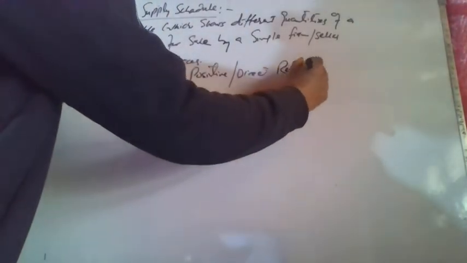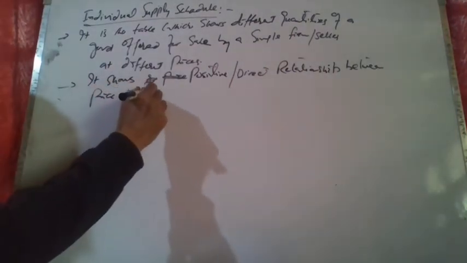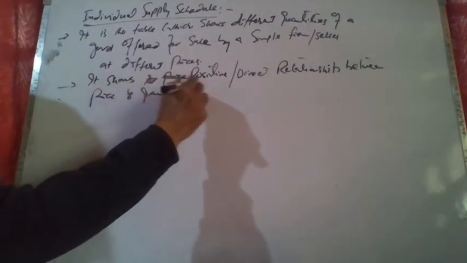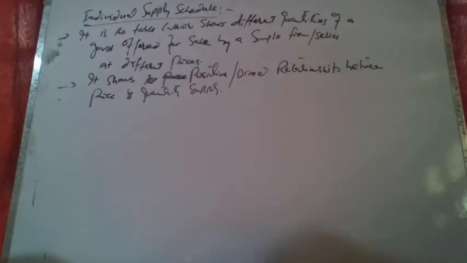It shows positive or direct relationship between price and quantity supplied. Thus, we can say that a table which shows different quantities of a good offered for sale by a single firm shows the individual supply of that firm at different prices.